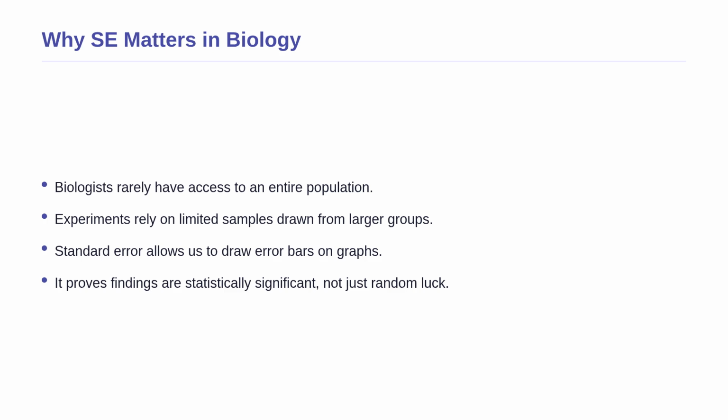Standard error is vital because it allows us to draw error bars on our graphs and calculate confidence intervals. When you read a scientific paper and see a value reported as a mean plus or minus some number, that number is usually the standard error. Without it, we would have no mathematical way to prove that our experimental findings are statistically significant, rather than just random luck.